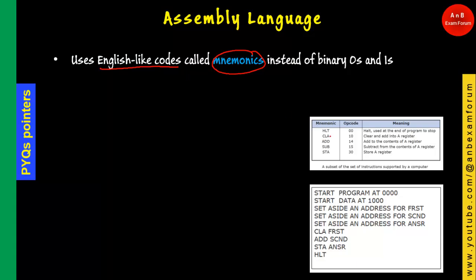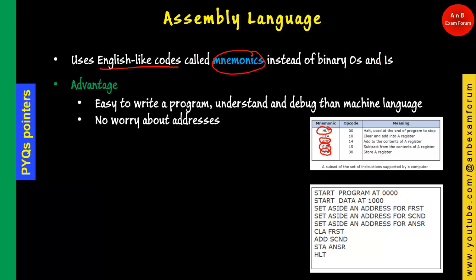If you see here, HLT stands for halt, ADD stands for addition, SUB stands for subtraction, STA stands for store accumulator. And if you see the code, this is the code. So there is a drastic difference between machine level language and assembly language. In assembly language we have English like code mnemonics instead of binary 0s and 1s.